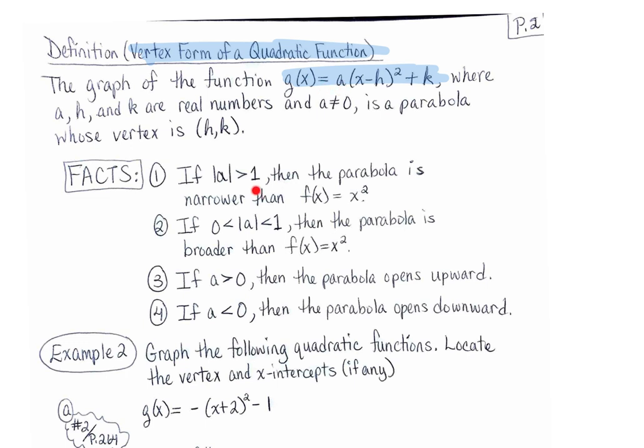Then the parabola is narrower or skinnier than f of x equals x squared. In other words, what happens to your parabola is that it stretches it.